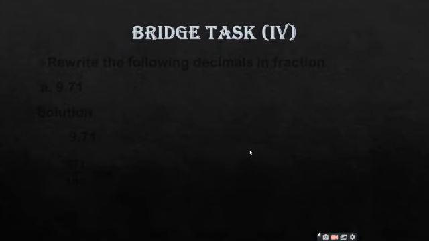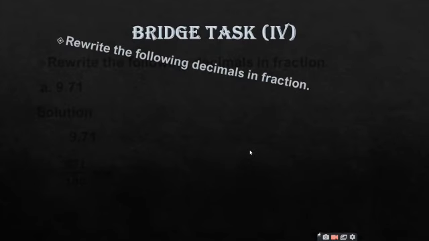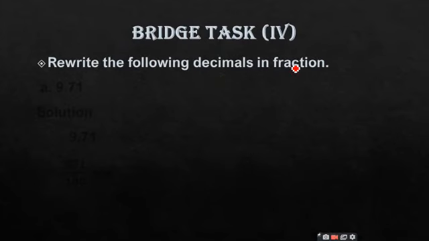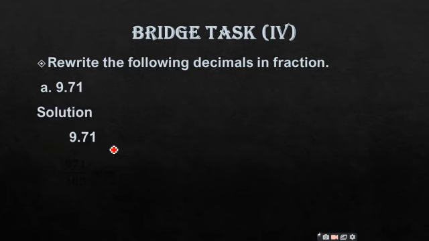Now let's do bridge task 4, which is rewrite the following decimals in fraction. First one is 9.71. Solution. Write the question as it is. When we write the decimal in the fraction, we remove the decimal point from the number and then add 0s in the denominator.